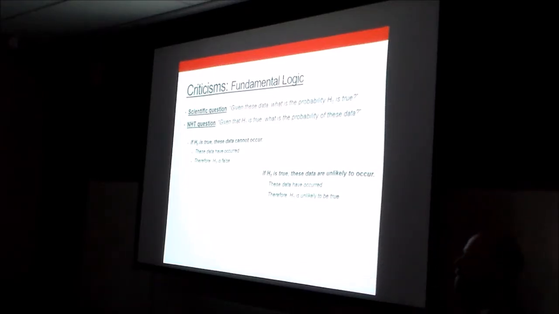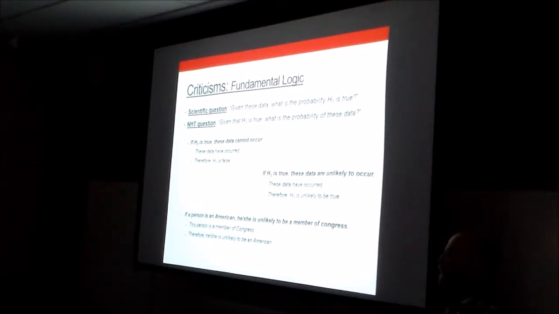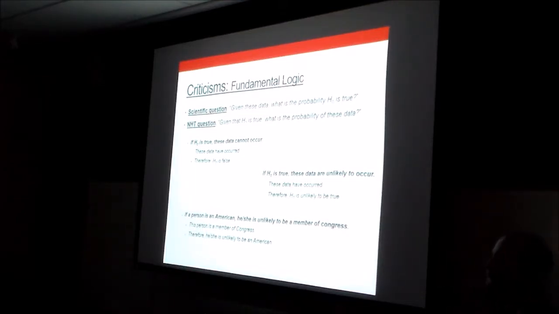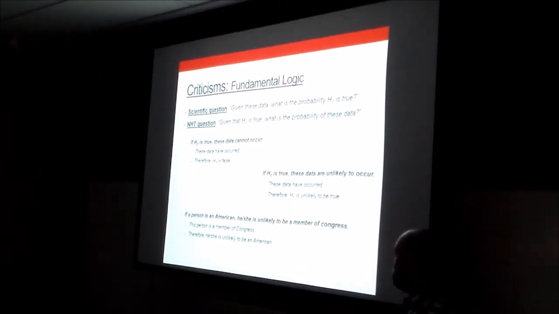As soon as we take this into a probability statement, we run into things like this, right? Anybody have a background in coursework in philosophy, logic, anything like that? Okay. If you do, this is going to be familiar, but you can start to see the problems with this basic approach. If a person is American, he or she is unlikely to be a member of Congress.